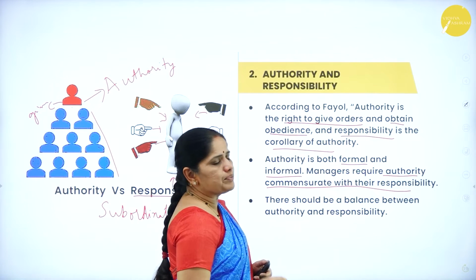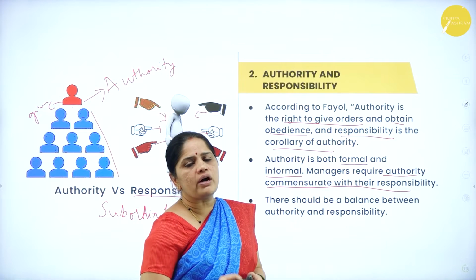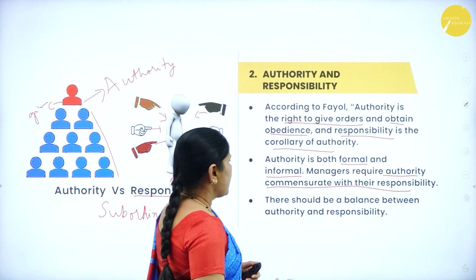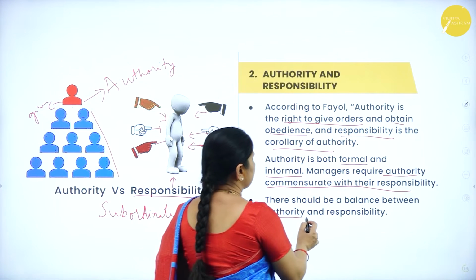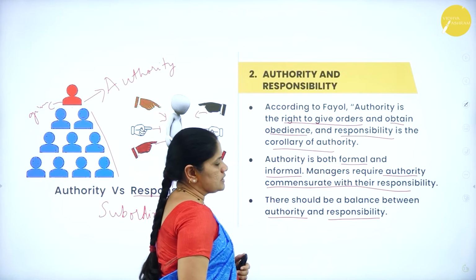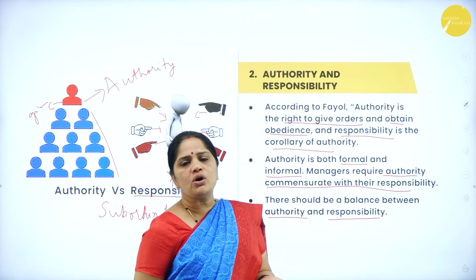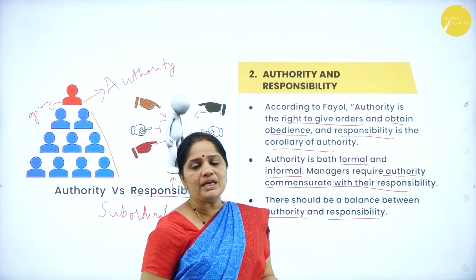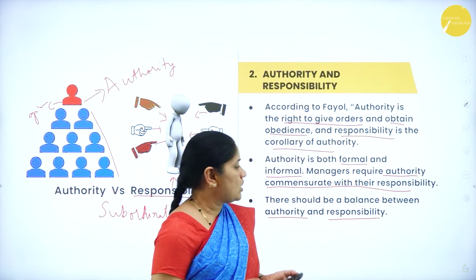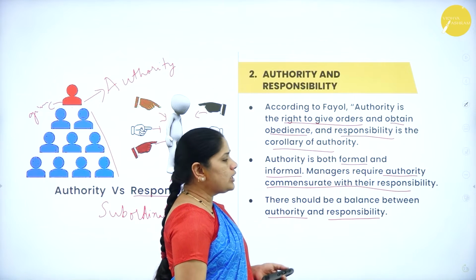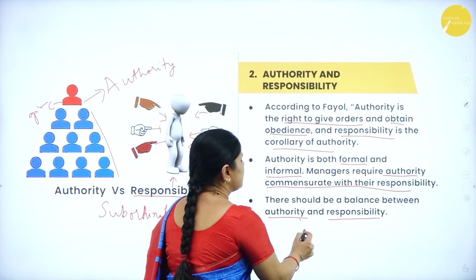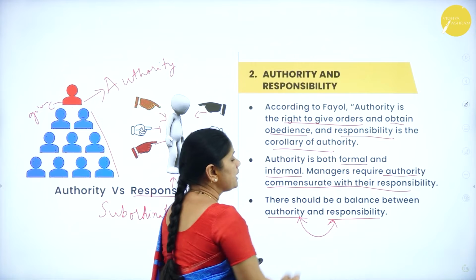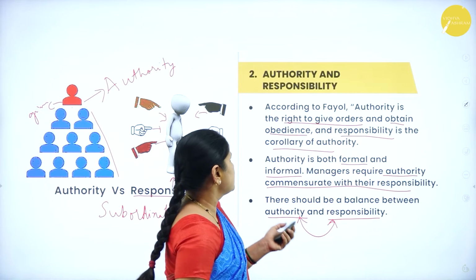So we need proper authority to get the job done through the subordinates, and there should be balance between authority and responsibility. If there is no balance between authority and responsibility, there cannot be any jobs done in the organization. So authority and responsibility are both essential for running the organization.